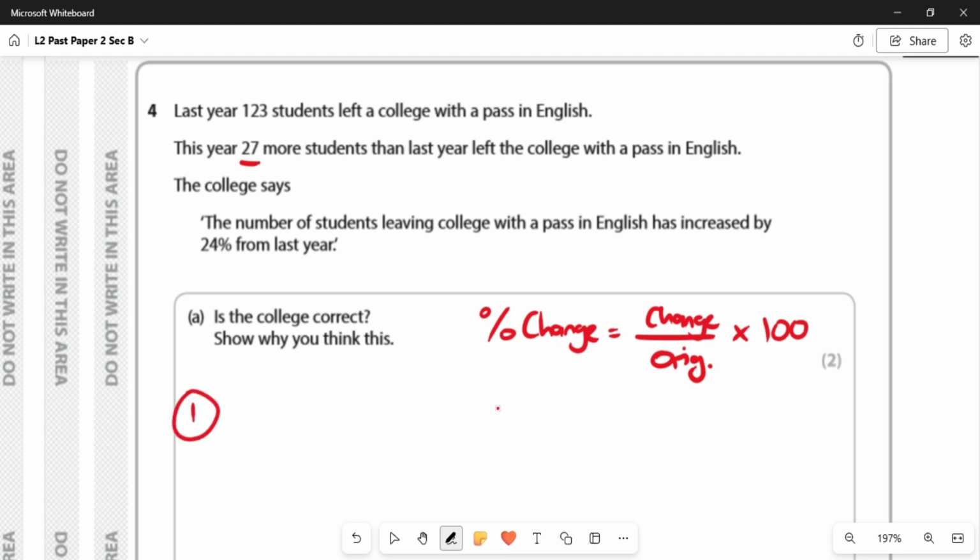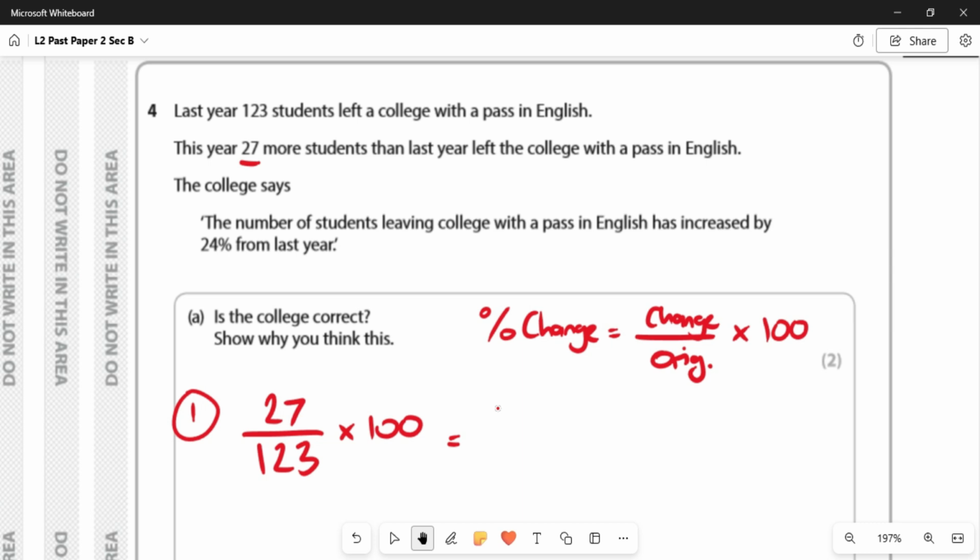I'll show you another way. But one way is 27, that's your change, over the original, which was last year. Which one came first? 123. And just times that by 100. This will tell you what percentage change actually was.